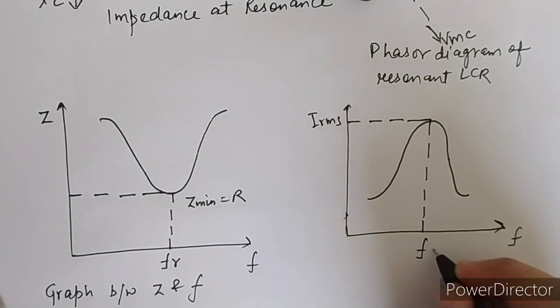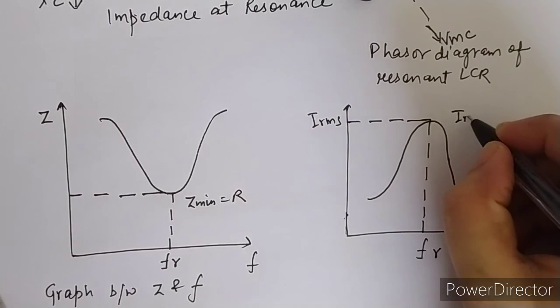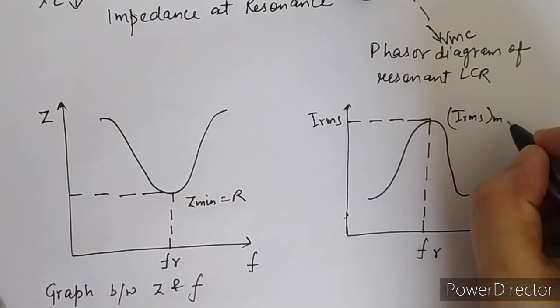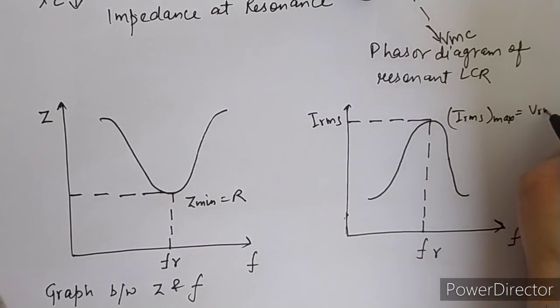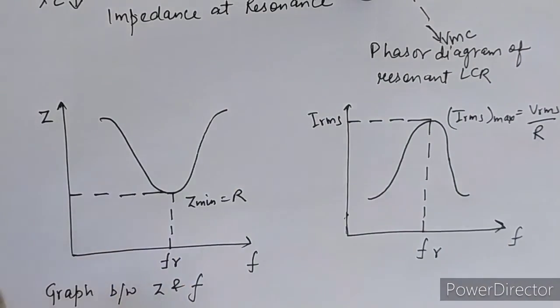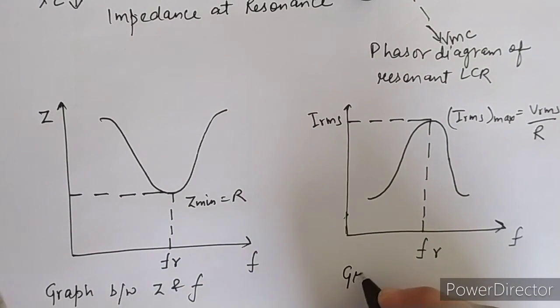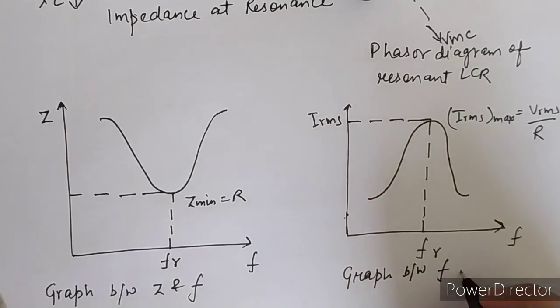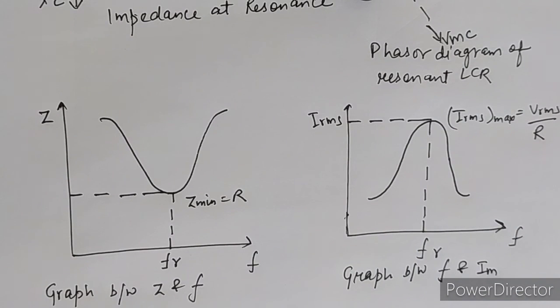This is your Fr, and right now we have calculated the RMS maximum value is equal to VRMS upon R. So this is the graph between F and the maximum value of the current.